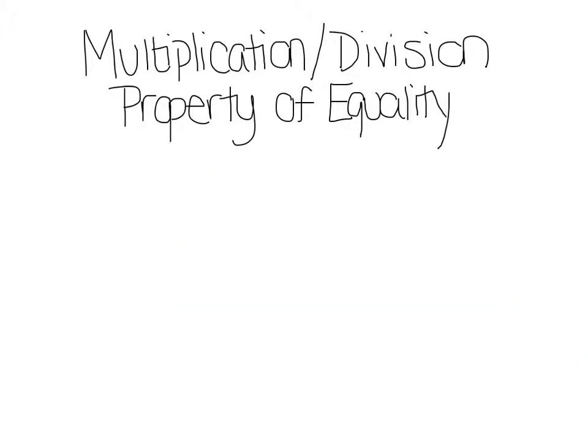With the multiplication and division property of equality, it's the same thing as before, but with multiplication and division. So take, for instance, if you had 4w equals 20. Looking at this equation, to get w by itself, to isolate the variable, you would divide by 4 on both sides, and you would get w equals 5.